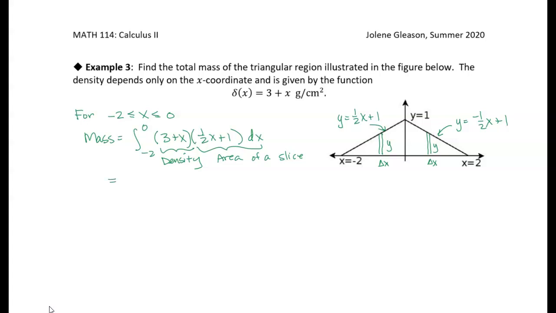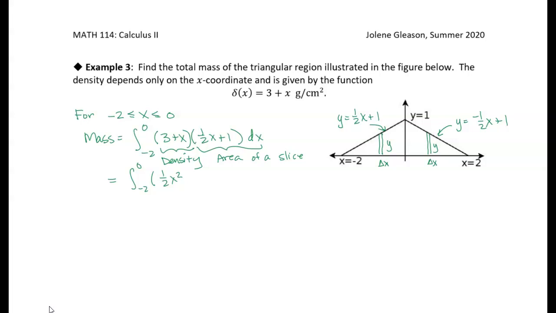So from here it's pretty straightforward. First thing I'm going to do is expand this product. I have two functions, so x times 1/2 x gives me 1/2 x squared. Then x times 1 gives x.